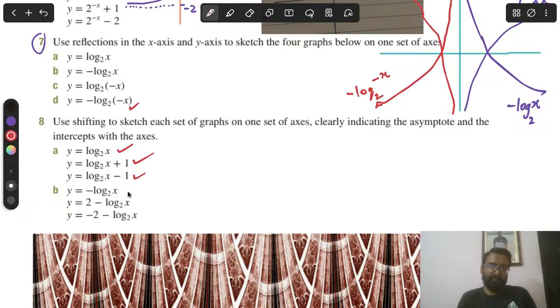The same applies with plus 2: for minus log x base 2, the graph goes 2 units upward, and 2 units downward with minus 2. Clear? Okay, good.